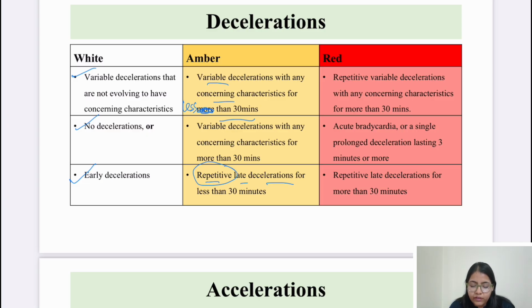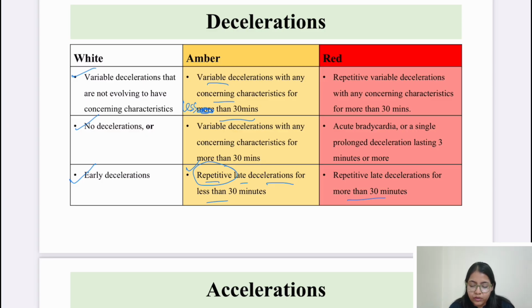What is repetitive? Suppose in a 30-minute strip there are contractions, the patient is in labor, and if it is present for more than 50% of the contractions, then we call it repetitive. And its opposite, if it is more than 30 minutes, it will be a red feature.